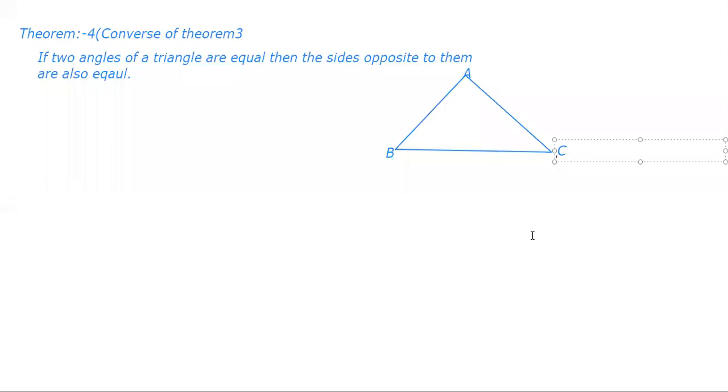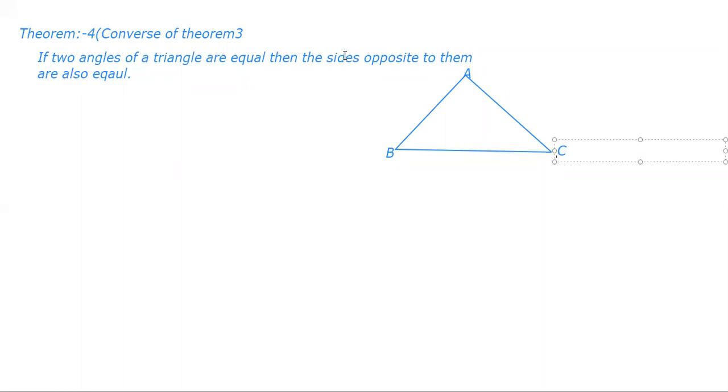Okay. Last time we proved theorem 3: base angles of an isosceles triangle are equal. Now here you have to prove that if two angles of a triangle are equal, then the sides opposite to them are also equal.